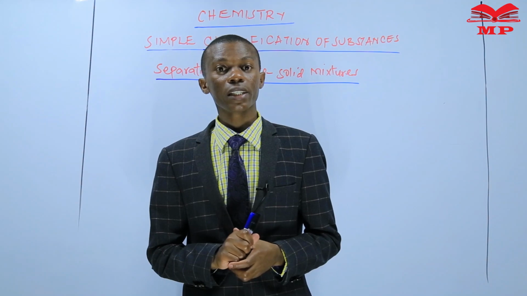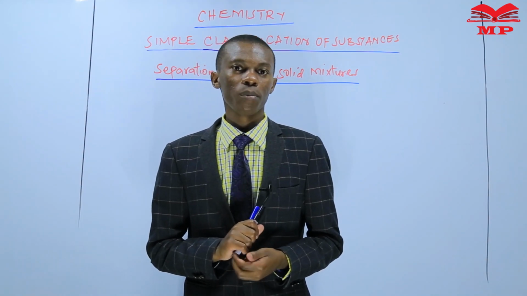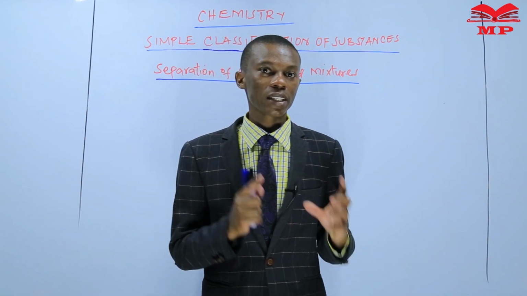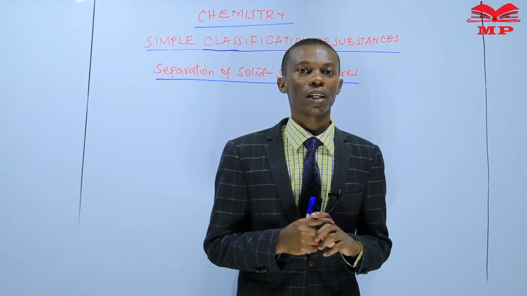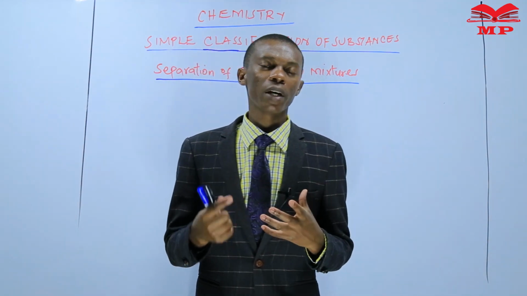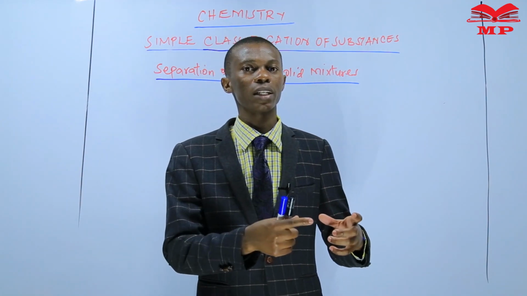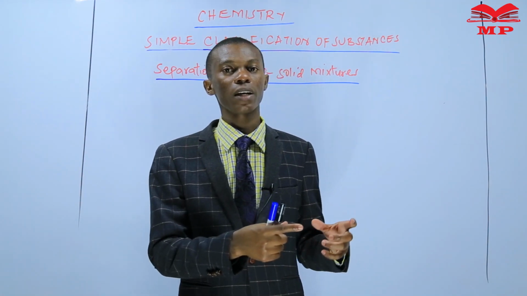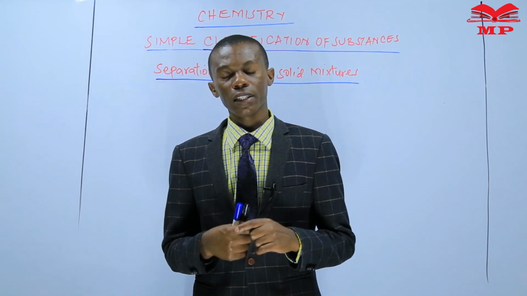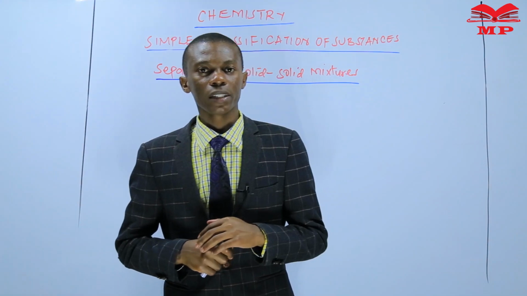And we said it is possible to separate the two because iron is magnetic while sulfur is not. That is the method we called use of a magnet. To separate the two, you have one which is magnetic, in that case iron filings, and the other solid was sulfur, which is not magnetic, and that is how you are able to separate them.